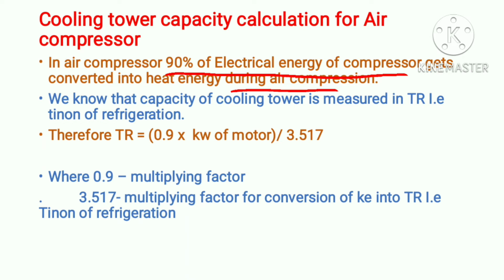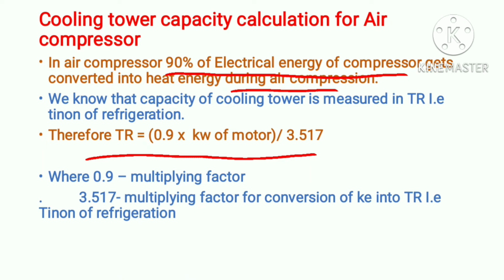For calculation of cooling tower capacity, we use this formula: TR is equal to 0.9 into kilowatt of motor divided by 3.517. Here kilowatt is the rating of the running motor used in the air compressor for compression of air.